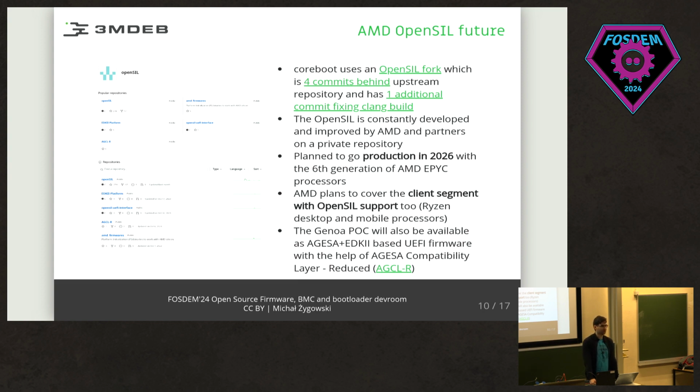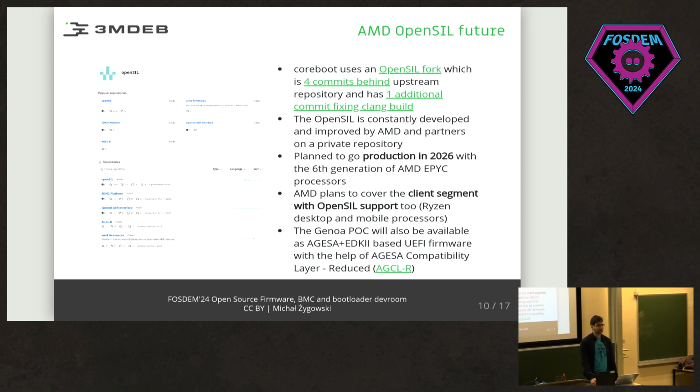According to official AMD information, OpenSIL is going into production mode around 2026 with the server processors that will be released that year. Currently it is only proof of concept code, so it is for evaluation only, and you can use it for personal purposes.